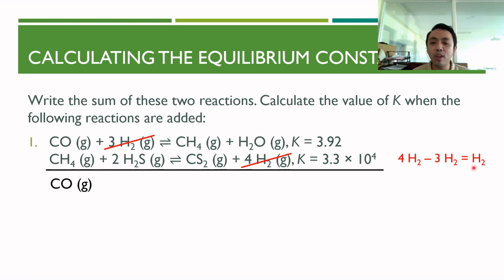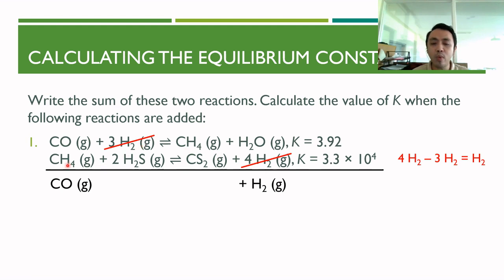Subtracting these, we get only 1H2 left. And since the larger value is located in the product side, that is to the right of the arrow, we then write this remaining H2 to the right of our reversible arrow. The H2 is already done.